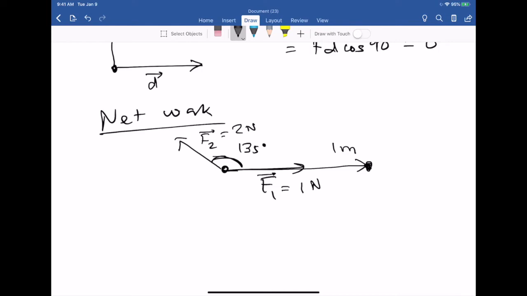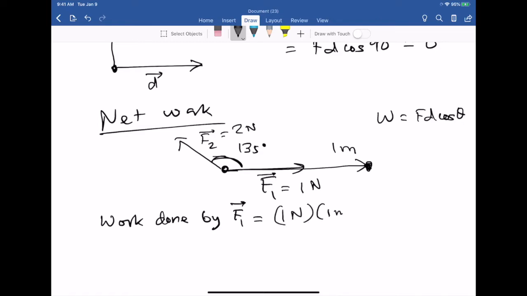Let's calculate the work done by F1. The formula for work, as you know, is F d cosine theta, right? So the force is 1 Newton multiplied by 1 meter multiplied by cosine of 0, which is 1. So that's going to be 1 joule. So F1 is doing 1 joule.